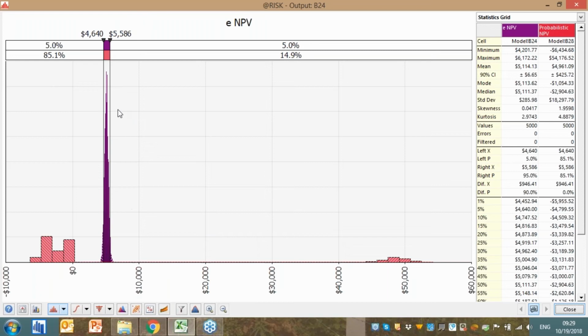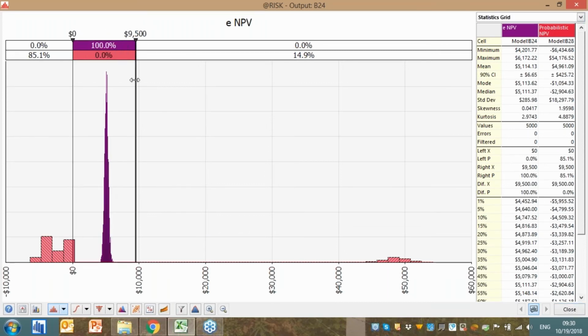Yes, expected NPV right here in the center only naively shows what happens around here. But this is not reality. Reality is either here or here. You either make a lot of money in 15% of the cases or lose some money in 85% of the cases. That is the very nature of the industry.